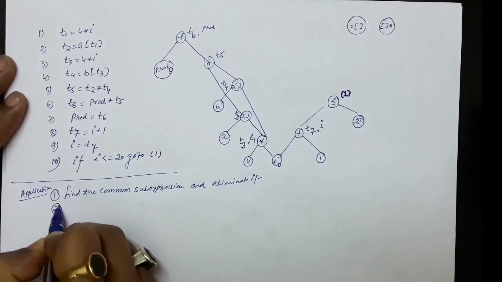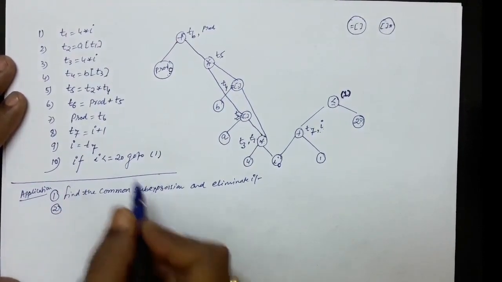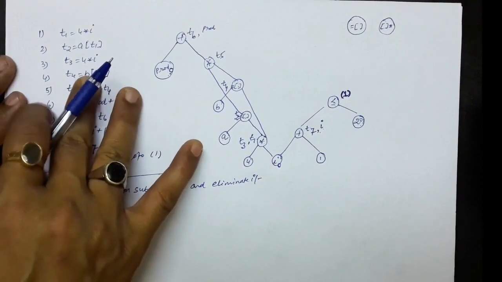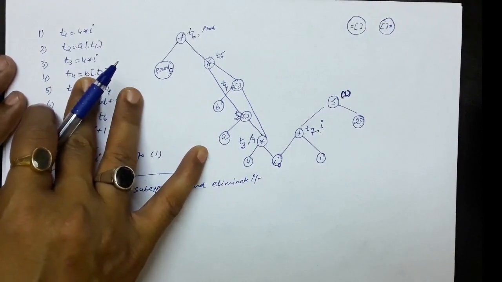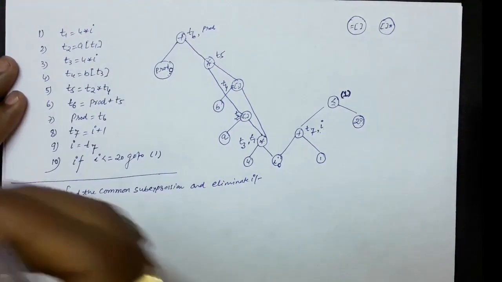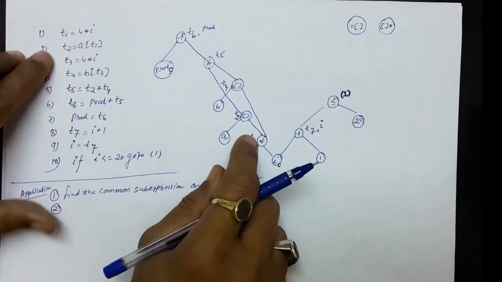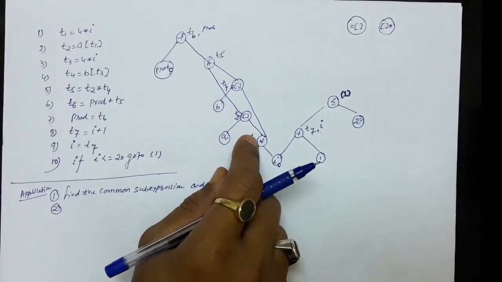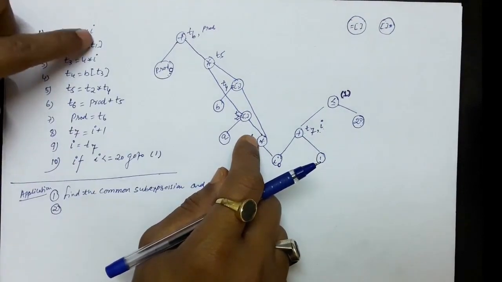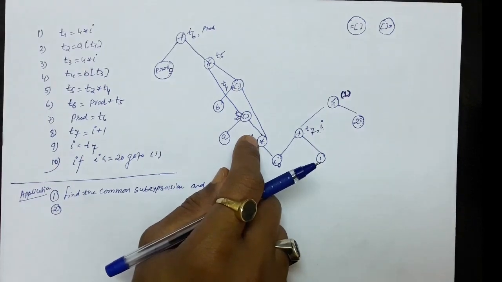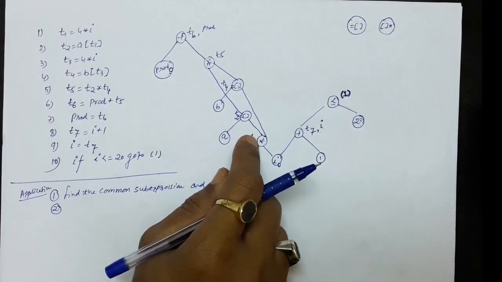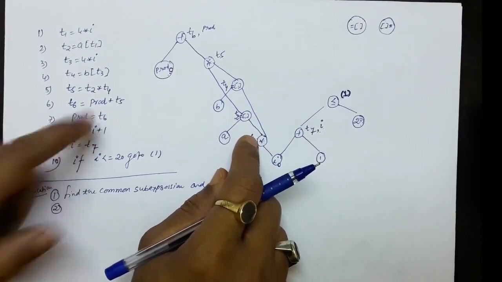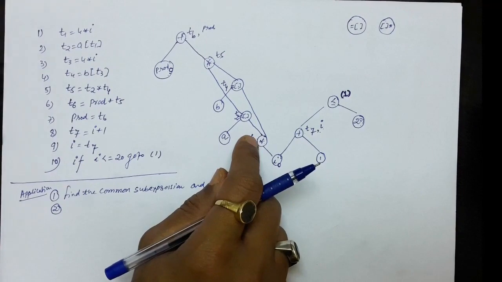Second, we have to find out which name is used in this block but was evaluated outside this block. For example, here we are going to use this I, but this I was declared somewhere else, or I was actually given a value somewhere else. We are just using this I here. Similarly, the product has been computed somewhere else, but we are actually using it here.